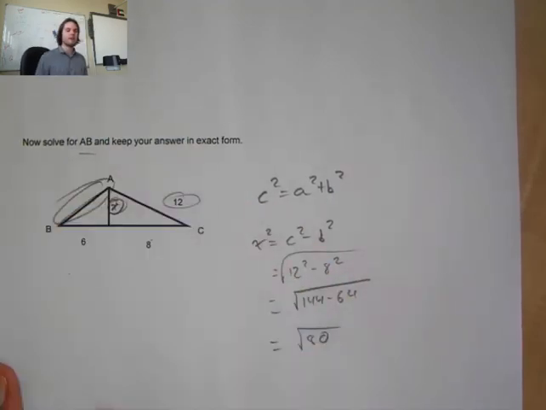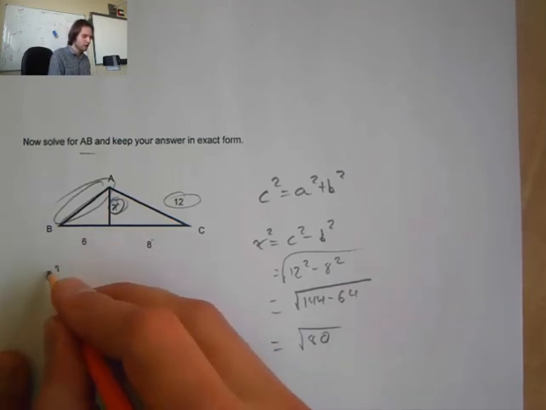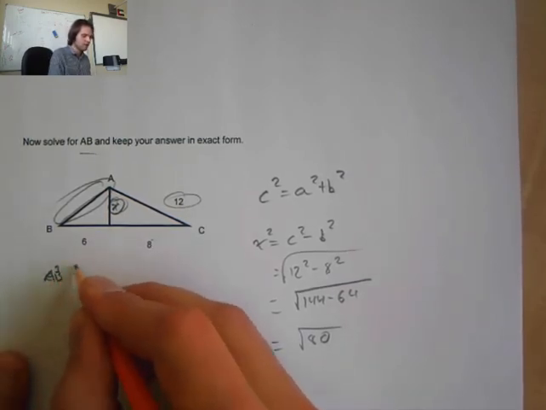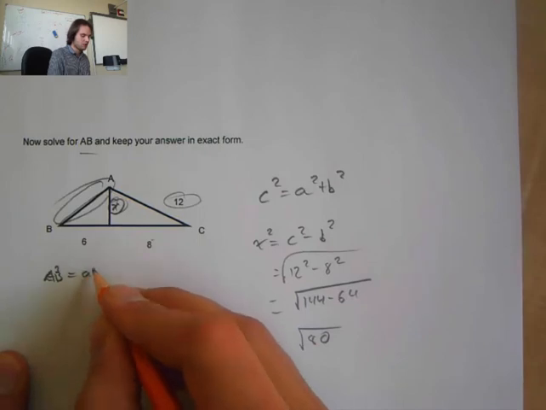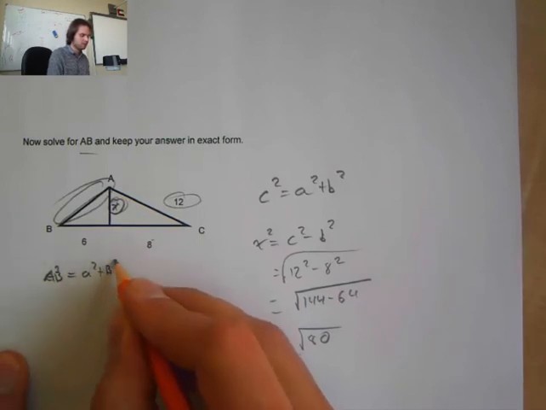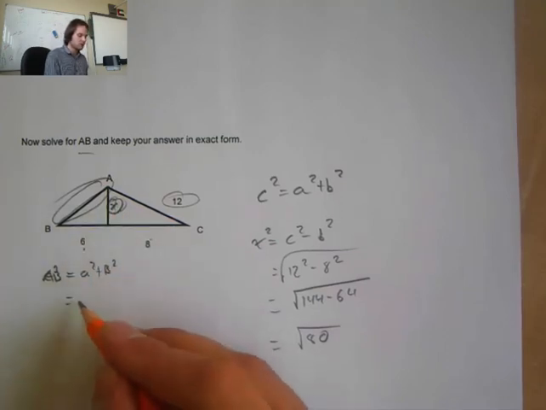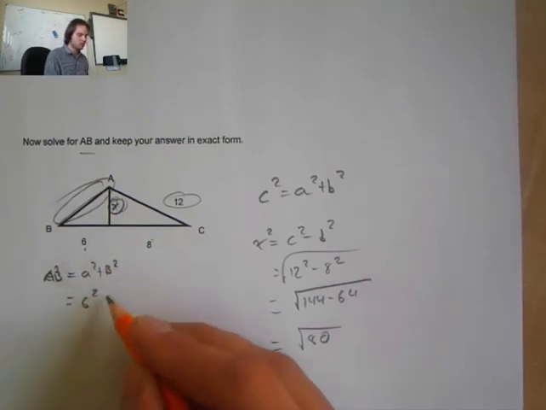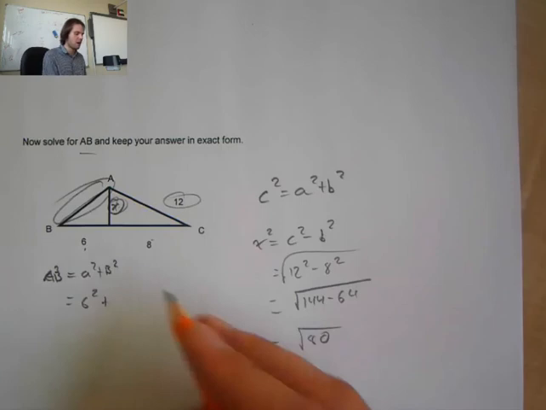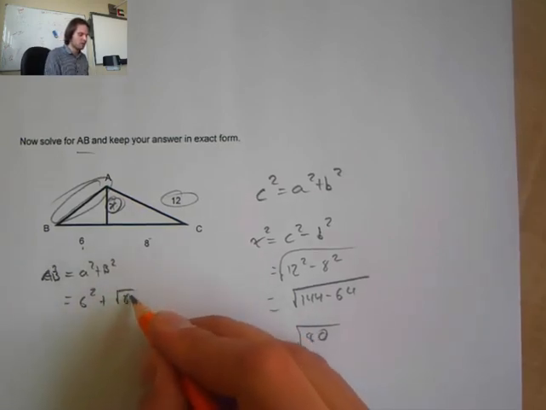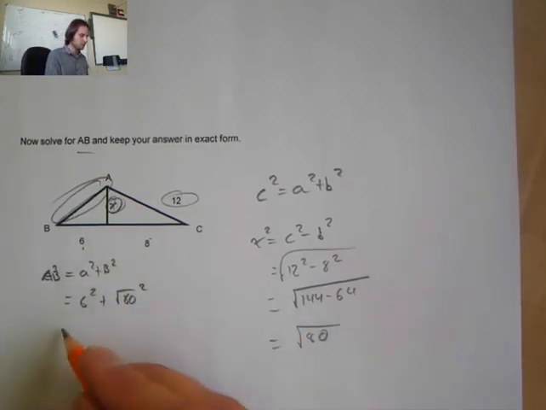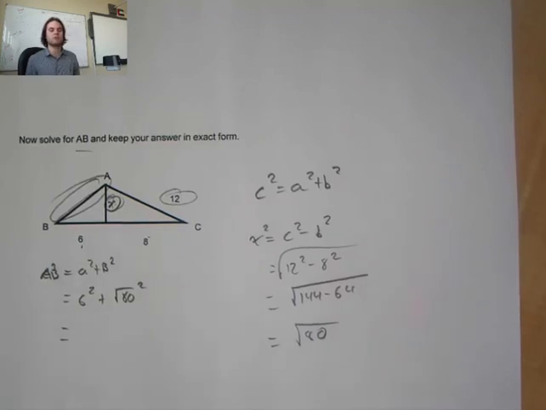Now we want to find AB. AB is a hypotenuse. So we're going to have to go c squared, or AB squared is equal to a squared plus b squared. Okay? So we're going to have 6 squared plus, and we have square root 80 squared. All right? Well, if I square the square root of something, that would be like square root of 80 is something, then we square that number.